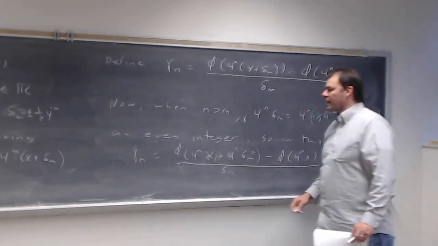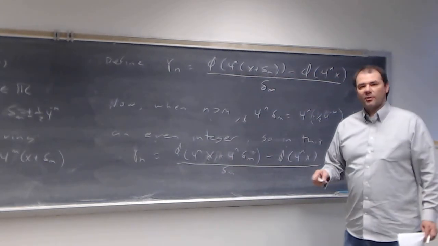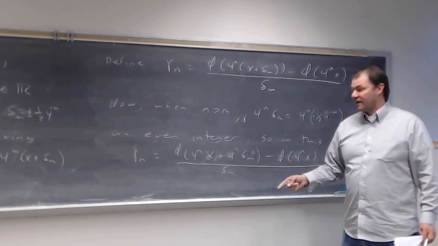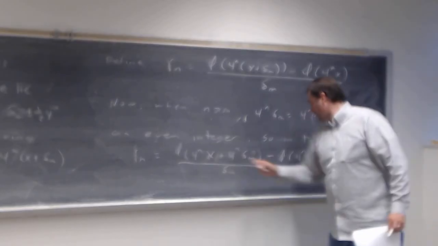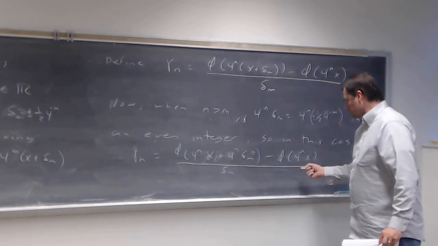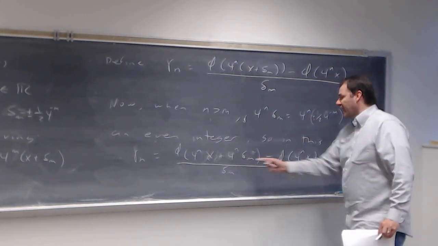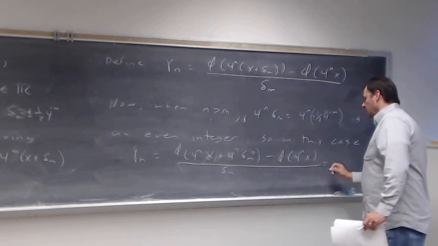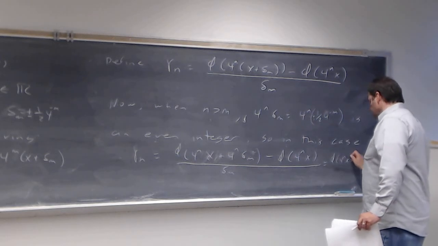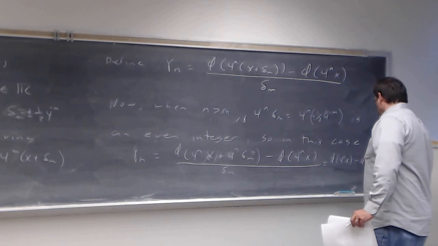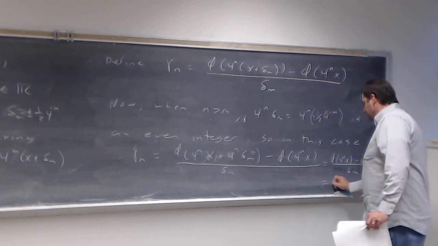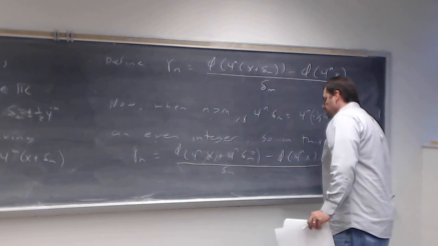But because of the way that phi was defined, remember it had that property that phi of x plus 2 was equal to phi of x. So here we're taking phi of something and we're adding an even number to it, if you will. And that's going to make it the same as just phi of this. So here, I'll write that out. Over delta sub m, and of course that's 0. Aha.